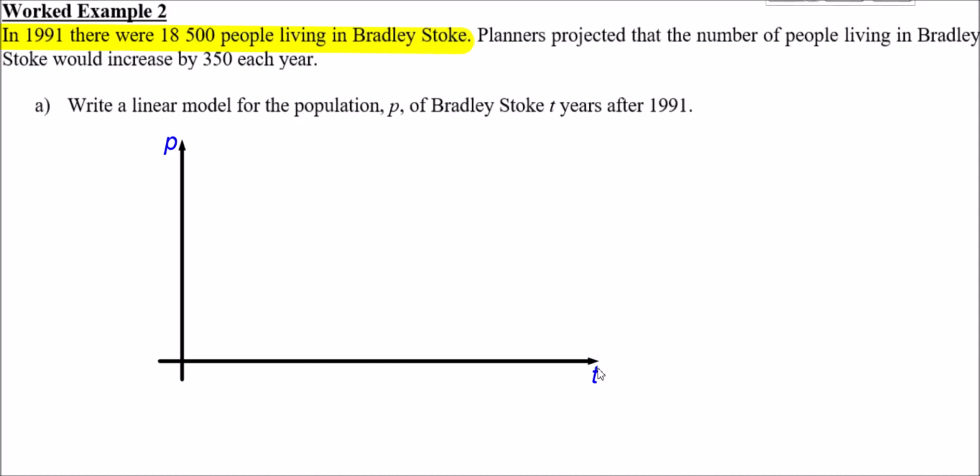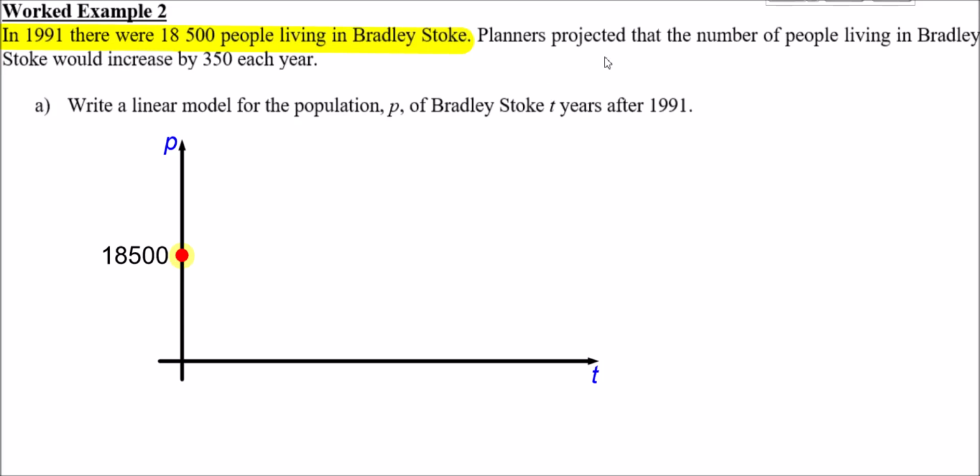T is the time after 1991. So at 1991, T is going to be 0. And so this point here we could map as being 0, 18,500. This is the p-axis intercept, so we can add this on straight away. There we go.